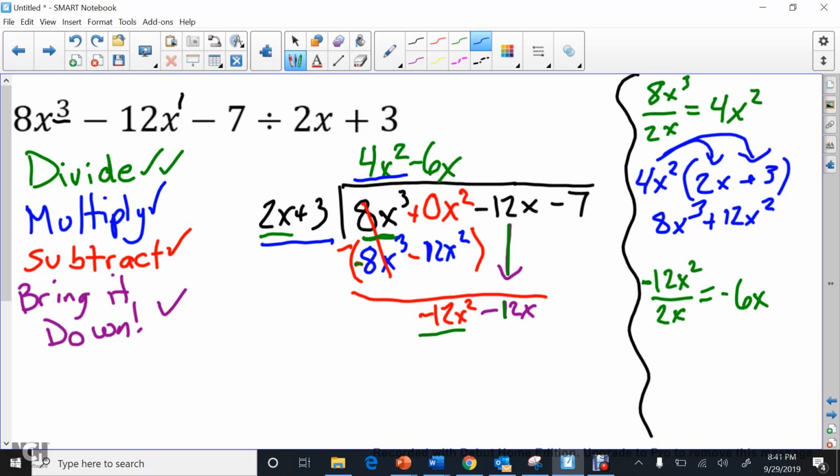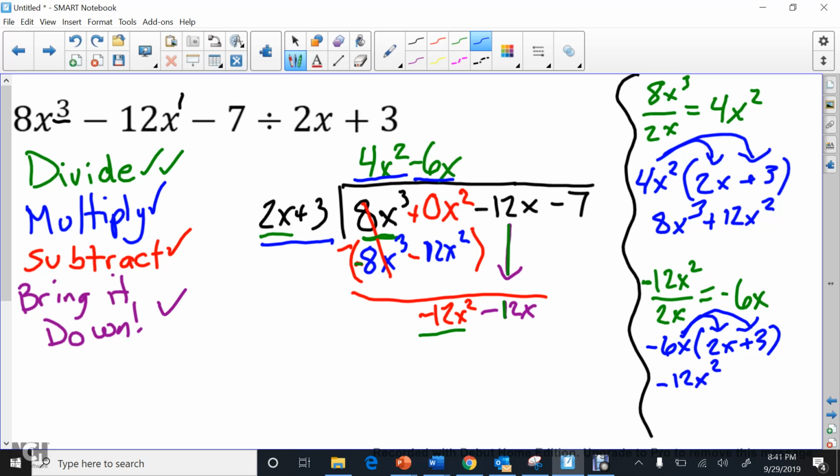Now my next step is to multiply. I take this new answer I got, negative 6x, and again, I multiply it by the divisor, 2x plus 3. Same deal, we will distribute to each term. Negative 6 times 2 is negative 12. X times x is x squared.